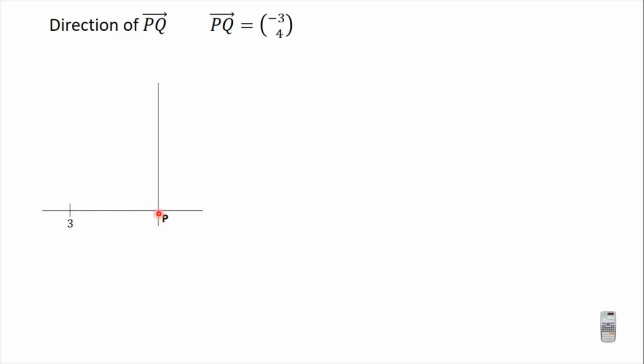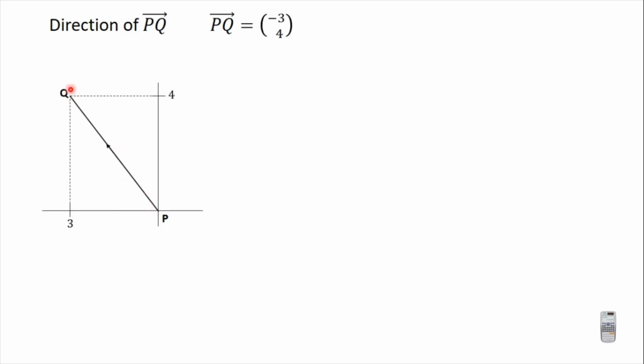Then we will move 4 upwards because the y component is positive. We draw a line from 3, we draw a line from 4, they will meet at this point here. So that point is point Q. So the vector is vector PQ. Look at the direction of the arrow. It's moving from P to Q.